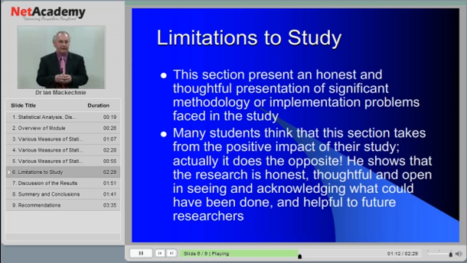And a good, thoughtful, honest limitation section will not take from our study, but will enhance our study. It will show us that we are honest and thoughtful and open researchers because we see and acknowledge the limitations of our study. But most importantly, what it does is it's helpful for future researchers.